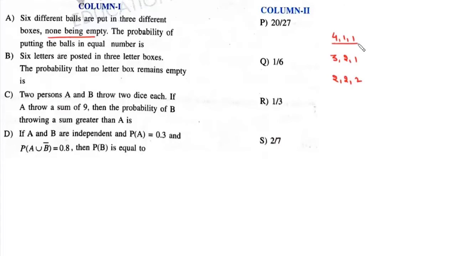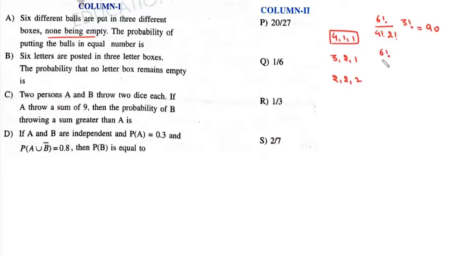Now first we'll distribute them as 4, 1, 1. It can be done in factorial 6 divided by factorial 4, and since we have 2 ones, factorial 2, and then we can arrange these 3 groups in 3 boxes in factorial 3 ways. Now this is 90, so there are 90 ways possible. Now how about 3, 2, 1?